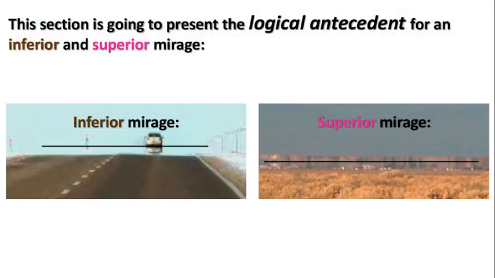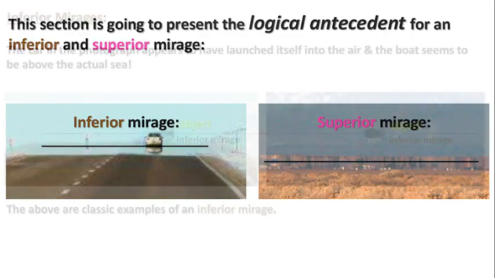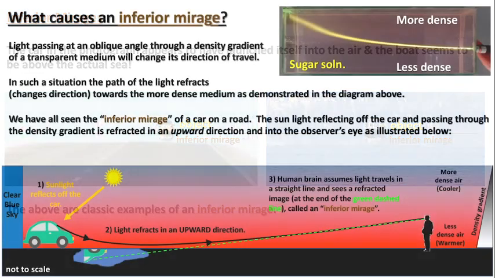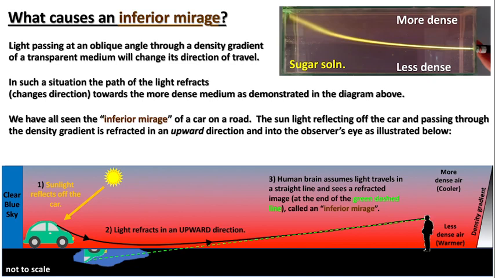This section is going to present the logical antecedent for an inferior and superior mirage. Inferior mirages. The car in the photograph appears to have launched itself into the air and the boat seems to be above the actual sea. The above are classic examples of an inferior mirage. What causes an inferior mirage?